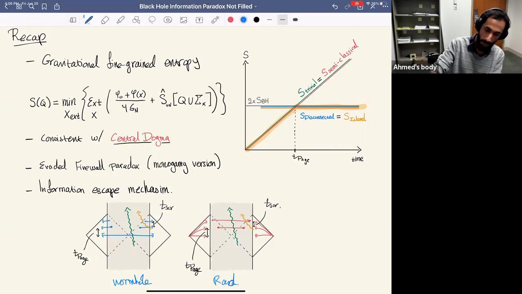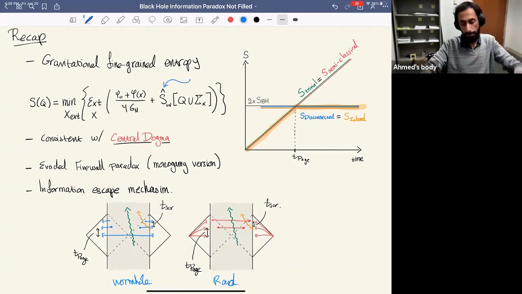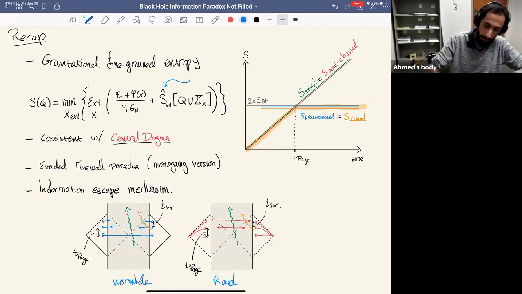Okay, very good. The final point I wanted to stress about what we discussed last time is this funny aspect that the von Neumann entropy appearing in the gravitational fine-grained entropy formula has to be evaluated in the semi-classical state.